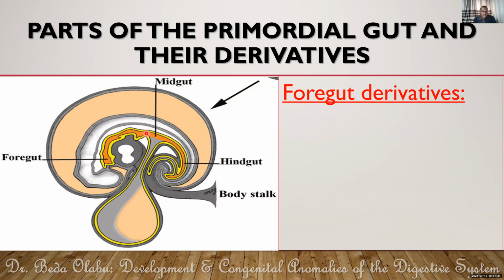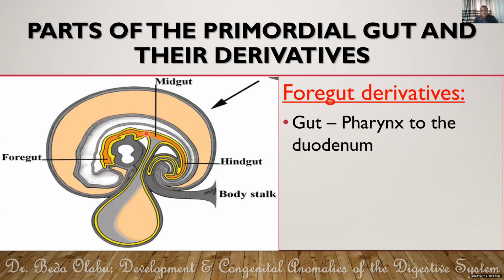Foregut tends to be a bit long. So what does foregut become? Foregut will give us some segments of the alimentary canal. The segments of the alimentary canal that come from the foregut extend from the pharynx all the way to the duodenum.